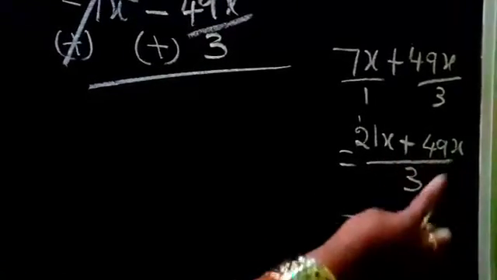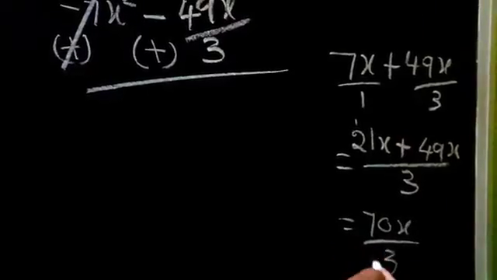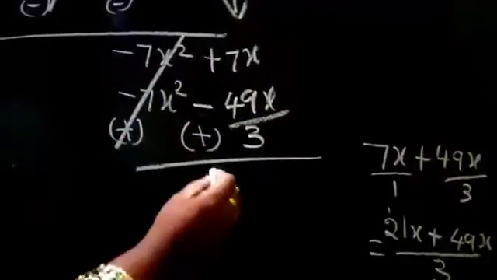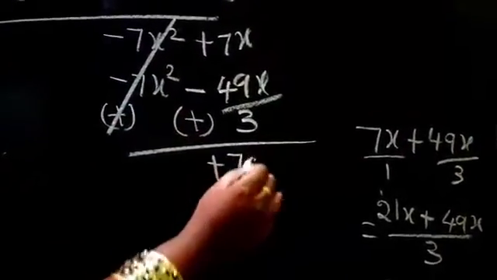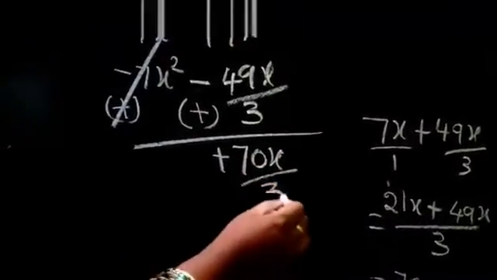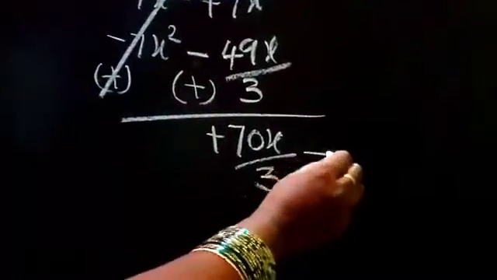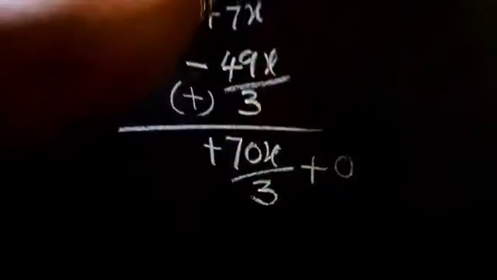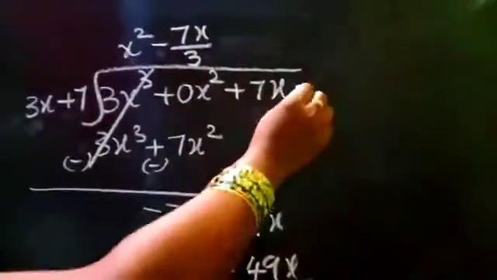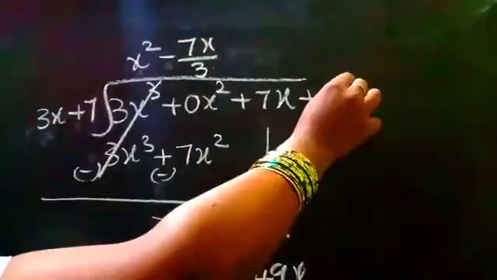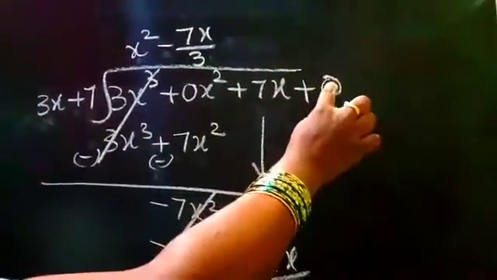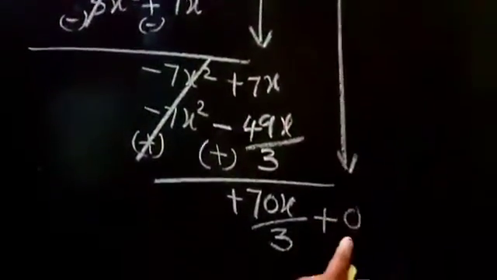The x terms are added, so it is x divided by 3. So we have plus, plus. We'll get plus 70x divided by 3. Next we have to put 0 here because in this question we have terms only till the x term. The number term was not there, so we have to put the number term as 0. This 0 only we are bringing down actually.